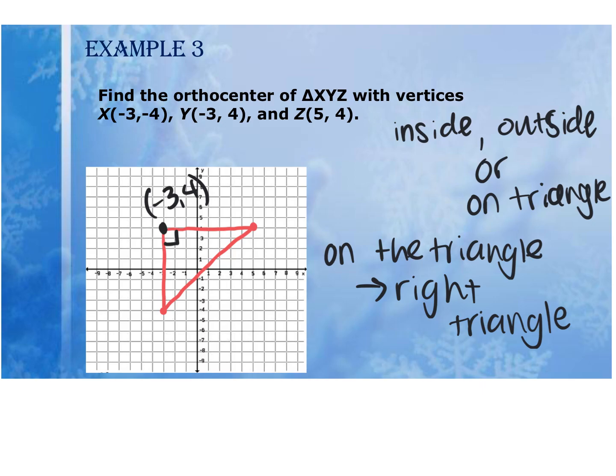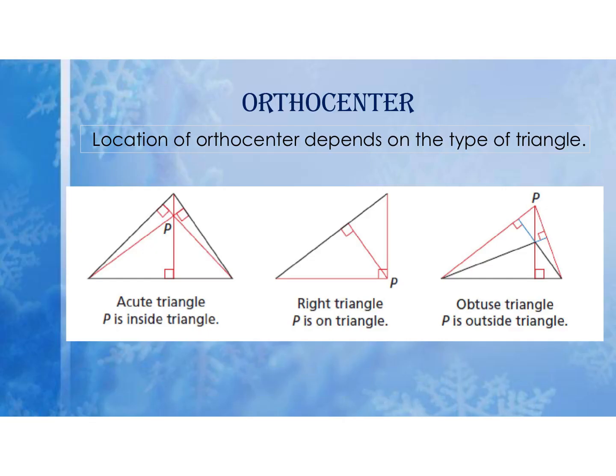All right, let's go to the next slide, where it says the location of the orthocenter depends on the type of triangle. So this point is very similar to the circumcenter. Do you guys remember the circumcenter? It had 3 possibilities of where it could lie. For an acute triangle, where was the circumcenter? Inside the triangle. Who said outside?